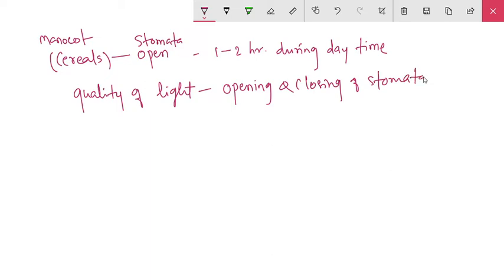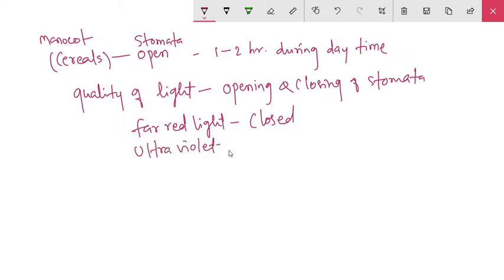So in the far red light, म्हणजे या ठिकाणी रेड लाईट आणि त्याच्या वरचा जो स्पेक्ट्रम आहे that is a far red light, तर या ठिकाणी in the far red light the stomata is closed. But in ultraviolet light the stomata is open. Sorry, open maximum.